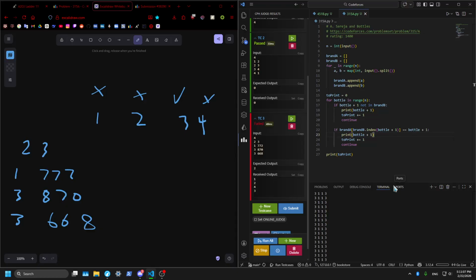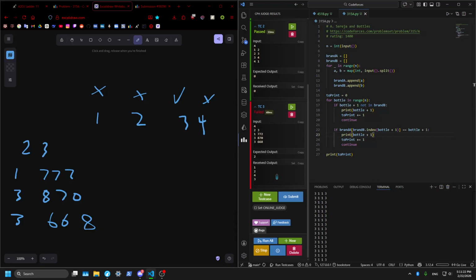If bottle plus 1 not in brand B, oh, 1, 2, 4. Yeah, that's correct. Expected output is 2? Why is it 2?